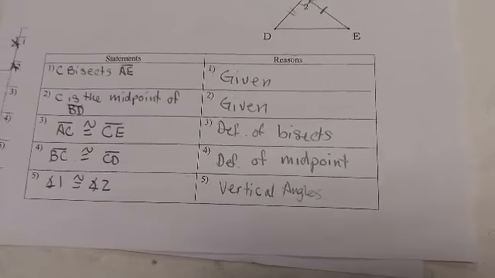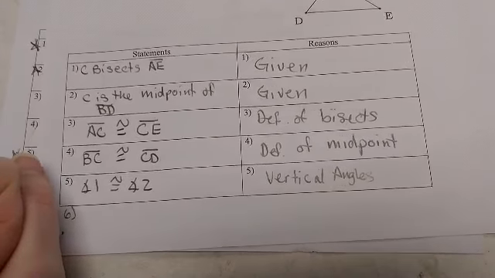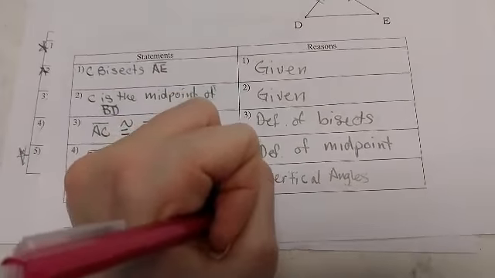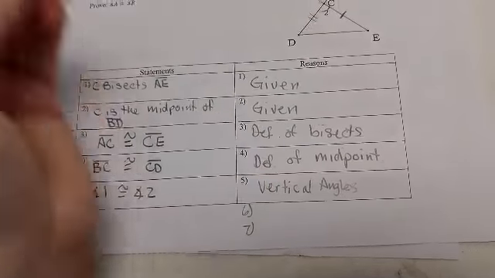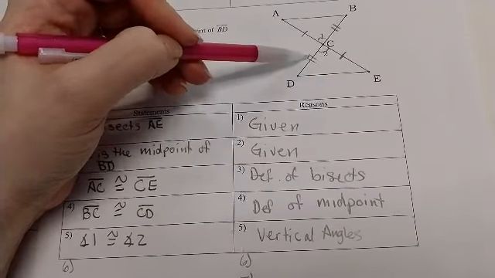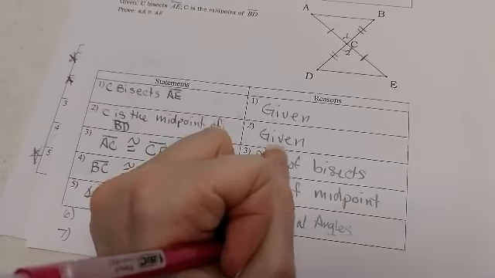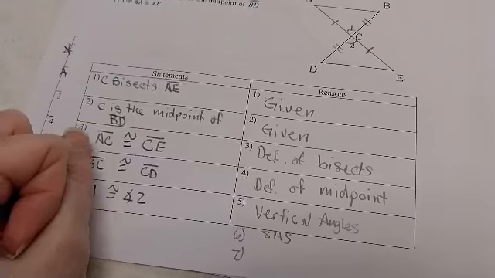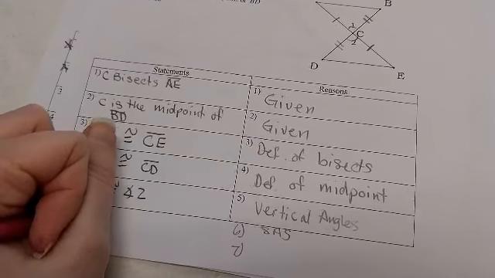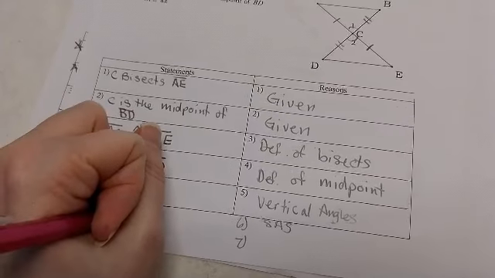Now I need 2 extra lines here. So 6 and 7, 6 and 7. So I'm going to do my triangle reason first. So side, angle, side. And so I can say triangle ABC is congruent to triangle.